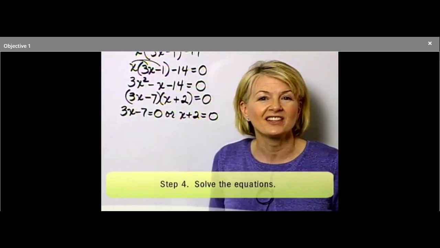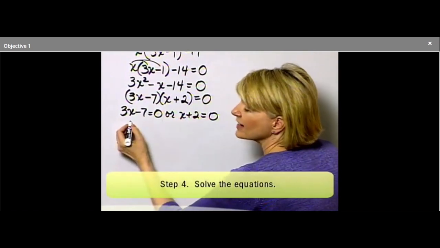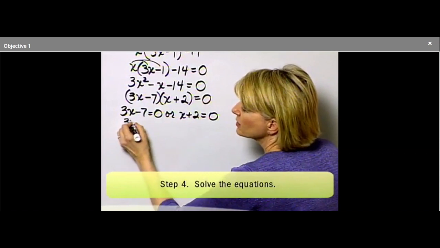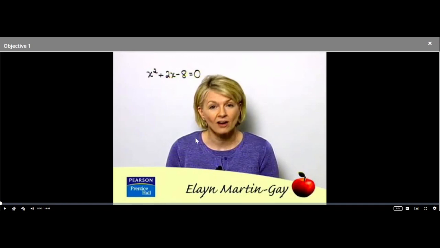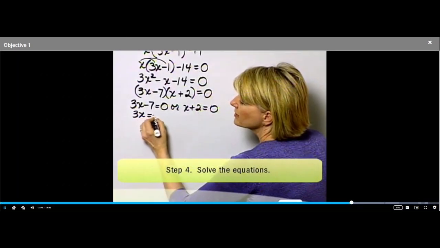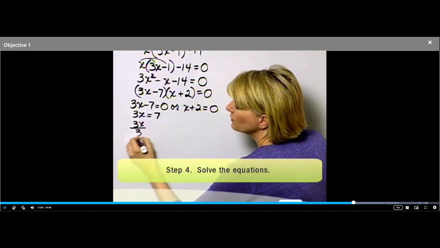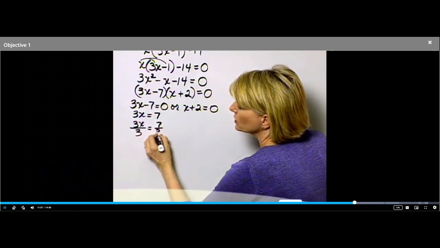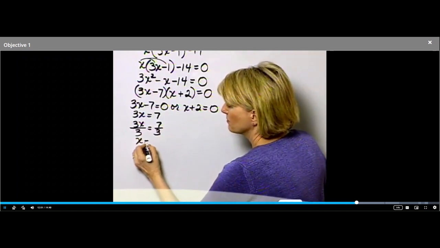And now let's solve each of these linear equations. Here, I'll add 7 to both sides, so 3x is equal to 7. Then divide both sides by the coefficient of x, which is 3. And I have x is 7/3.